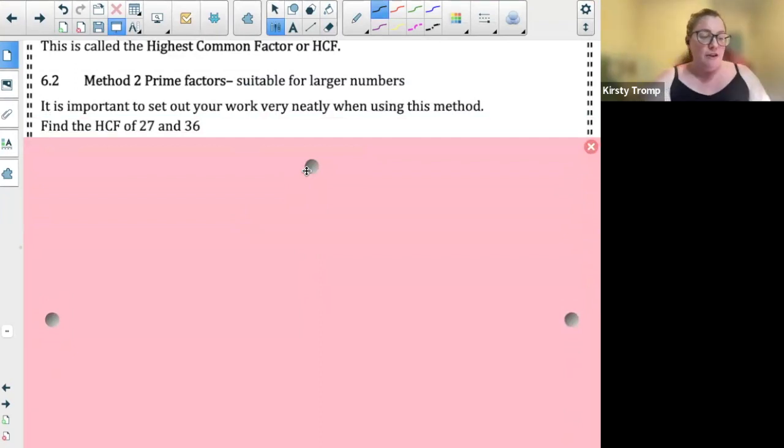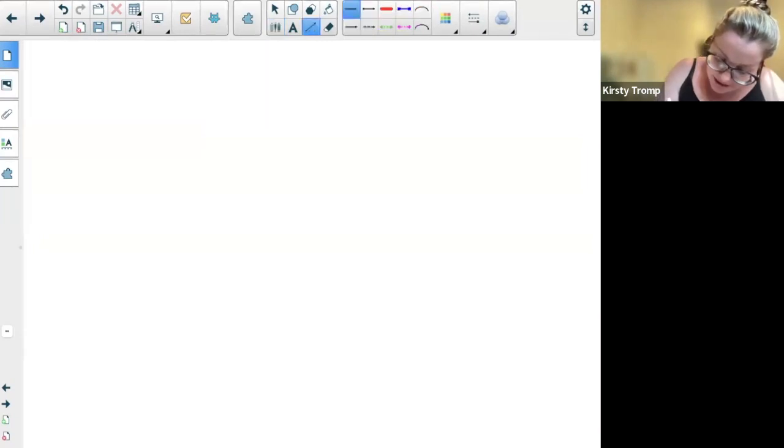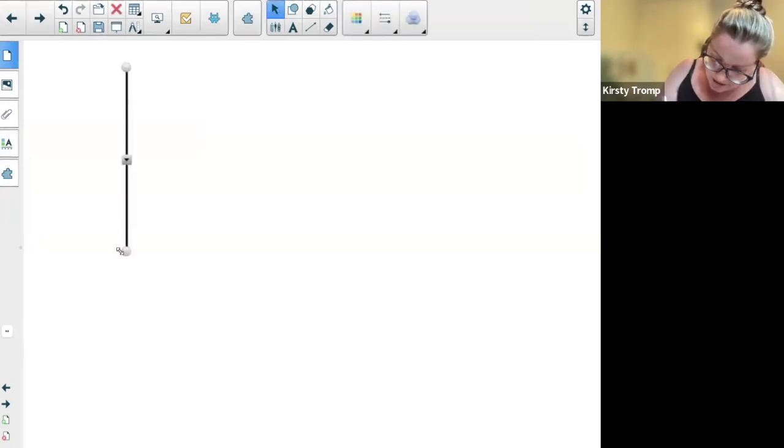Find the HCF of 27 and 36, guys. We're going to have our ladder first. So let's draw our ladder out here. Let's do our ladder for 27 first.